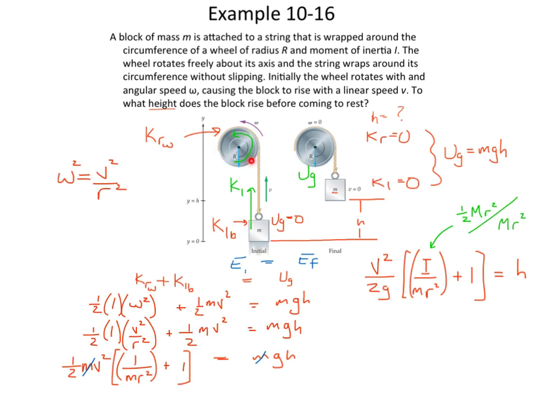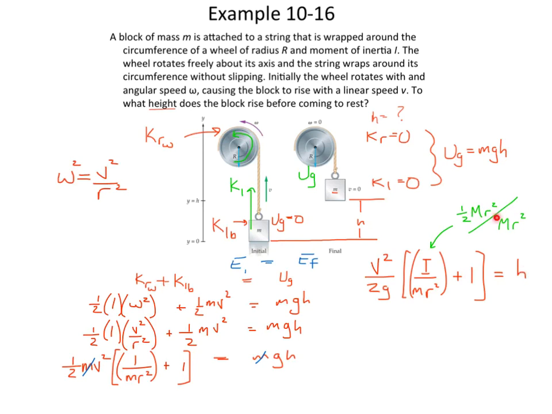The point here is that depending on what the moment of inertia of this object is, or what the shape of the object is, or how the mass is distributed, that will make this, in the brackets right here, greater or lesser. So if it's 1/2 mr squared, the r squared goes away, and if you add that to 1, that makes your height some value.